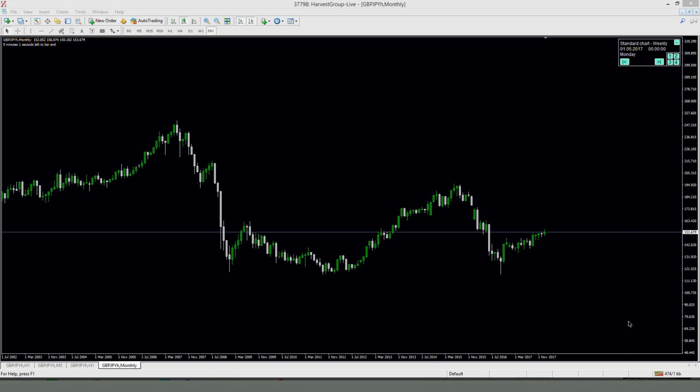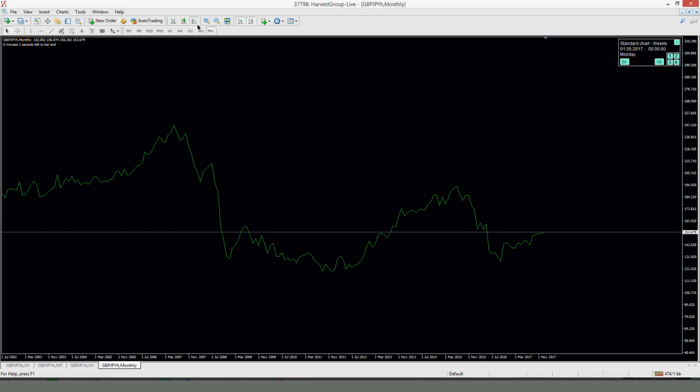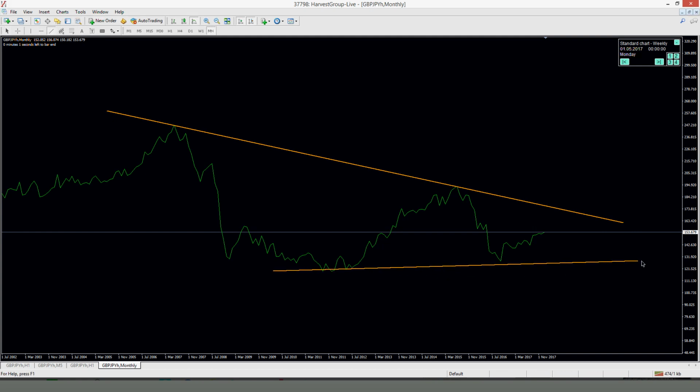There's a lot of lines, so sometimes it gets you confused. Okay, so what I usually do is I map the trend lines. So as I can see here, we're doing this for GJ monthly. Okay, so I usually like to do the trend lines for this case.